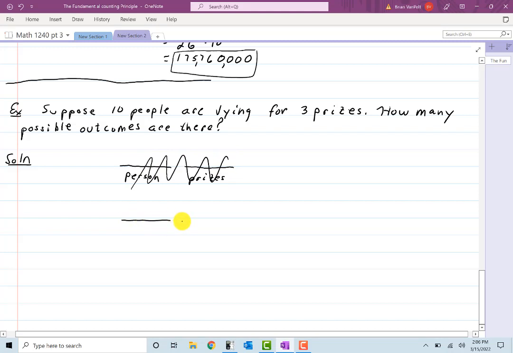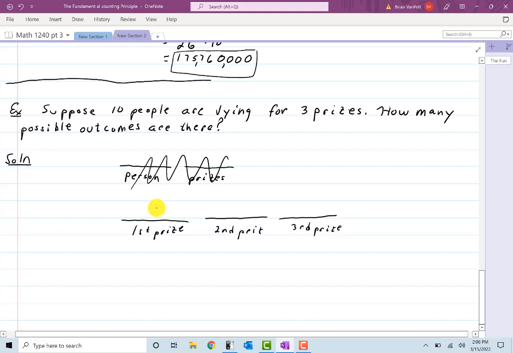Let's try first prize, then second prize, followed by third prize. Well, how many people can win these prizes? Well, you have 10 people to start with.